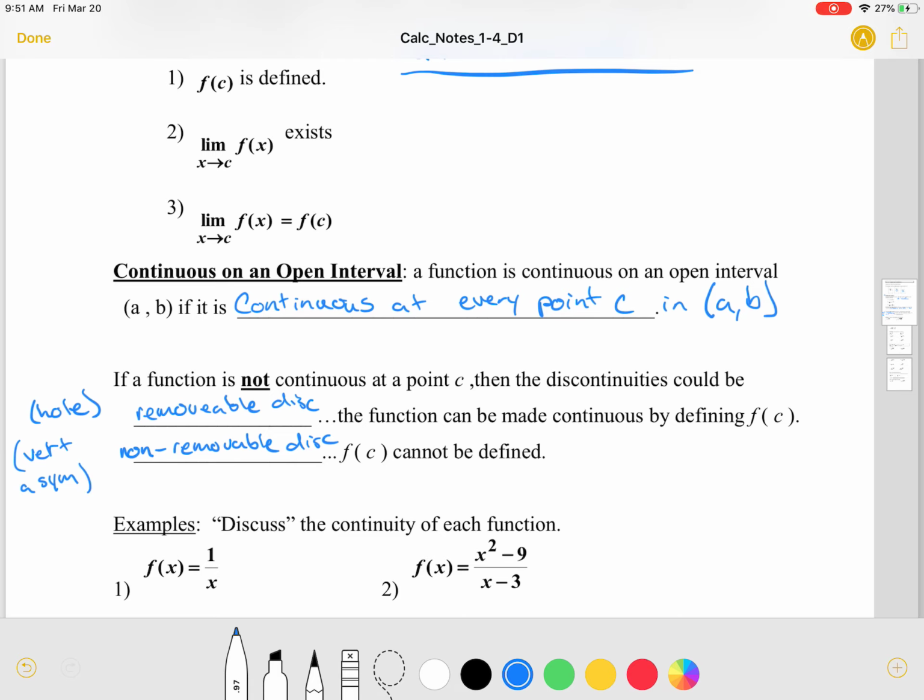Okay, with the removable discontinuity, the function can be made continuous by defining C, and we'll see what I mean by that. And with the non-removable discontinuity, it cannot be defined. Okay, it's non-removable, it's an asymptote, it's there.